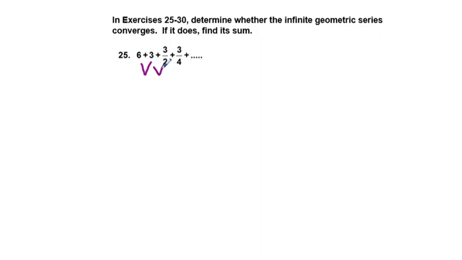But really what we're doing is our common ratio is going to be a sub n over a sub n minus 1. So if we take 3, which we call a sub n, and a sub n minus 1 is 6, 3 over 6 simplifies to 1/2. So this is going to be our common ratio.